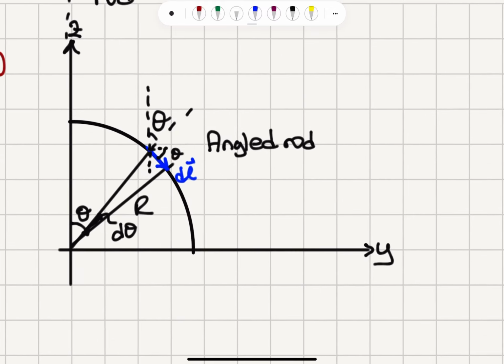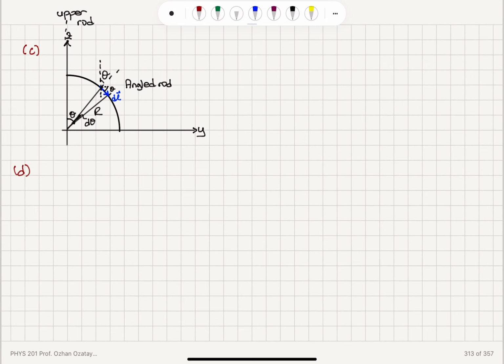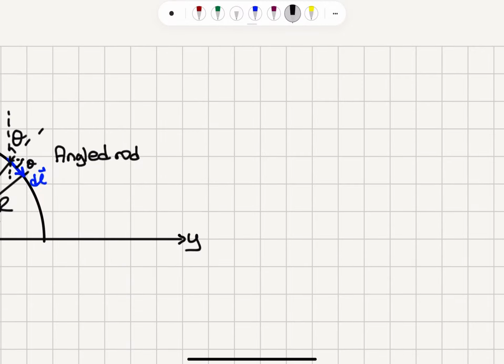Since this is capital R, and if I have a small variation of angle, d theta, this dl has magnitude capital R d theta.